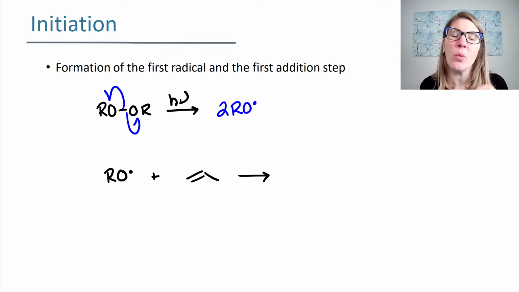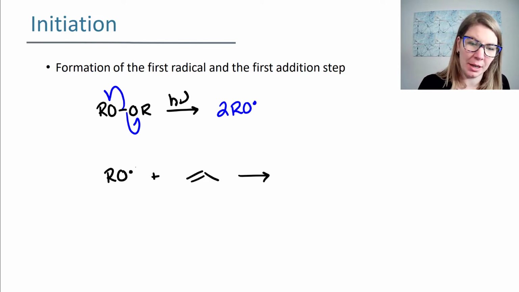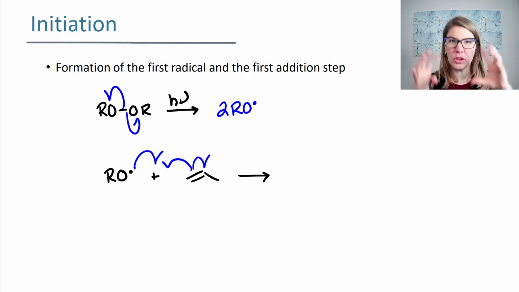This part might seem weird, but within the world of polymerization, you have the radical form, and then you do the first addition to the first monomer. And those 2 pieces together are what we call initiation within the realm of polymerization.